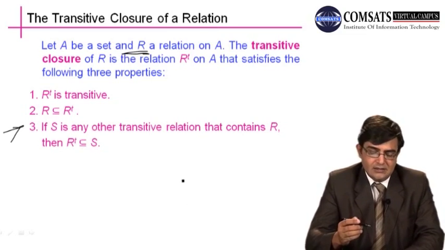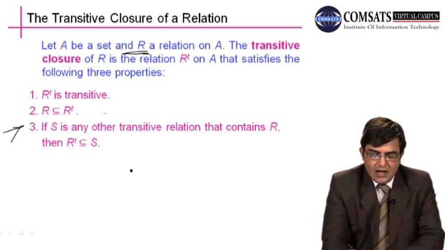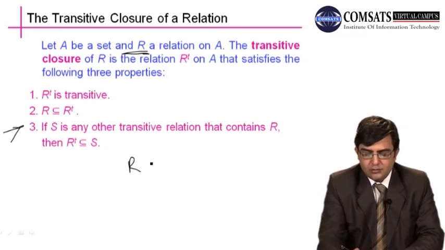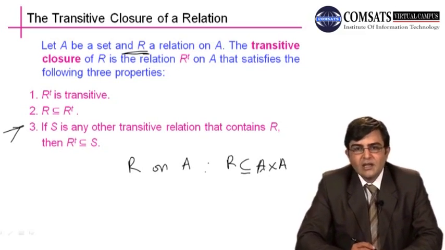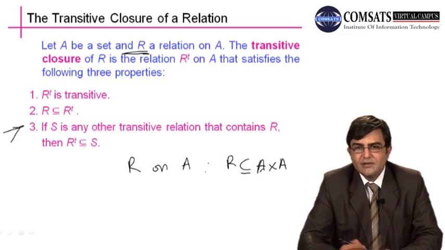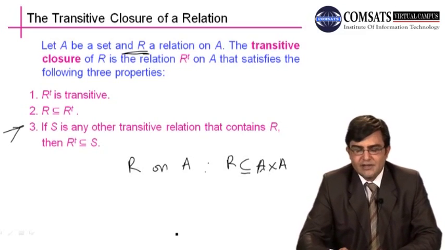I repeat it. R is any relation on A, that is, R is a subset of A cross A. R may be transitive, R may not be transitive.